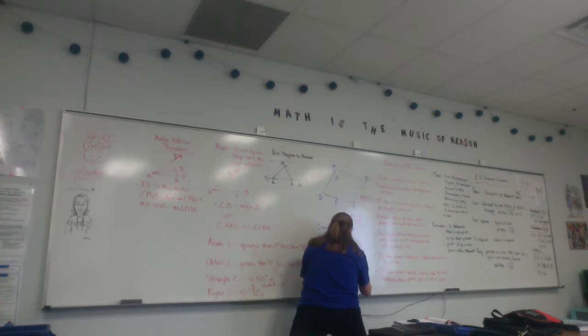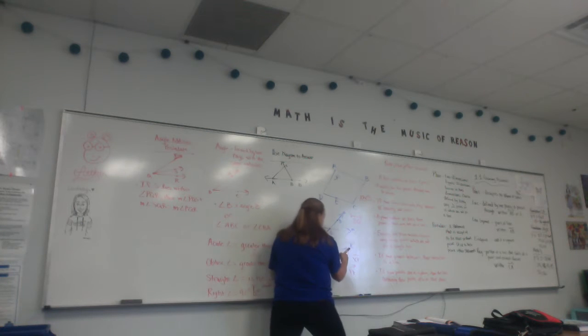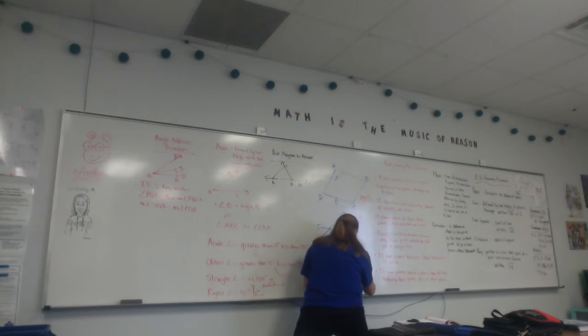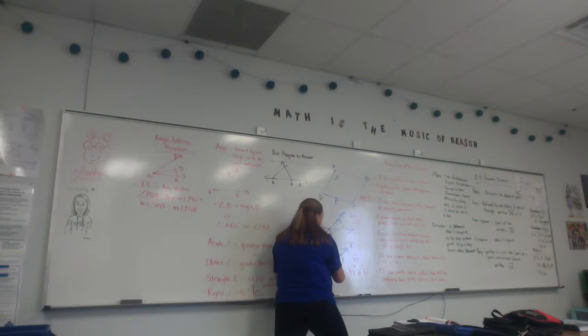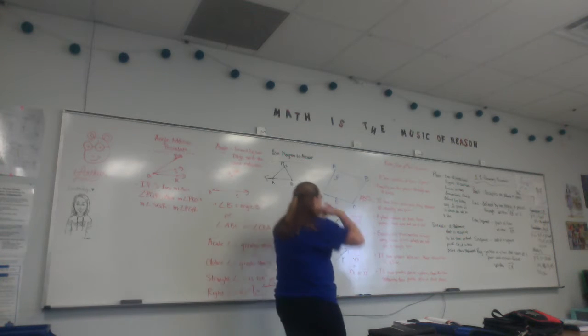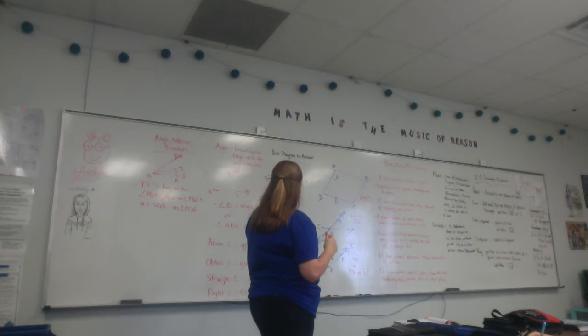I can say ray YX, which means I start at this point and continue on forever this way. Or I can say ray XY, which means I start here and continue on forever that way. So you have one ray that goes to the right and one ray that goes down to the left. Does that make sense? So I have lots of things that I can do there.